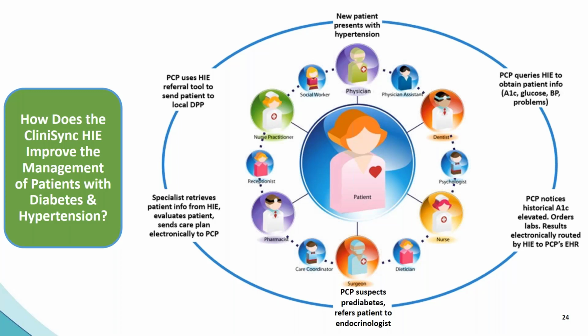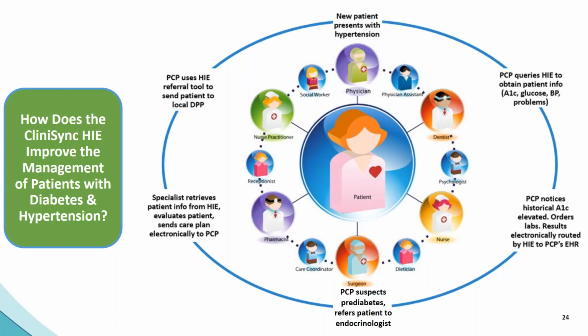Prior to HIEs, prior to the advent of most EHRs, when a patient moved from one setting of care to another, the patient either brought a printed copy of their patient record or information was faxed back and forth. This took time, it created lags in care, it increased costs. Well, now as this patient moves from setting to setting, the data can follow the patient with little to no effort from the care team.